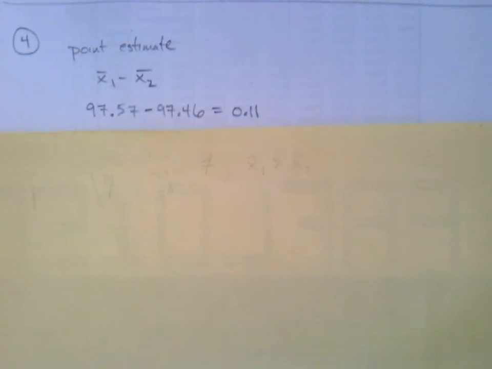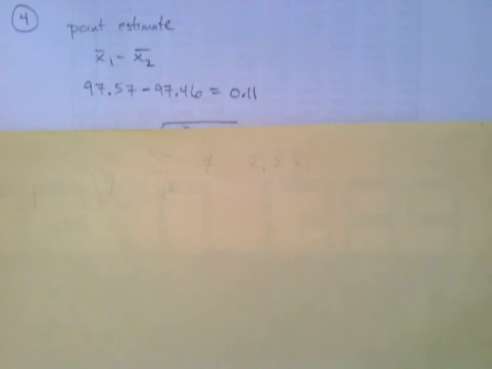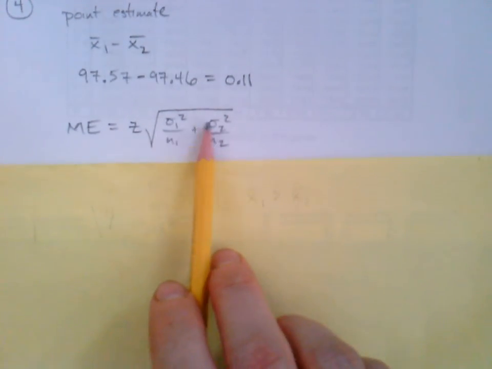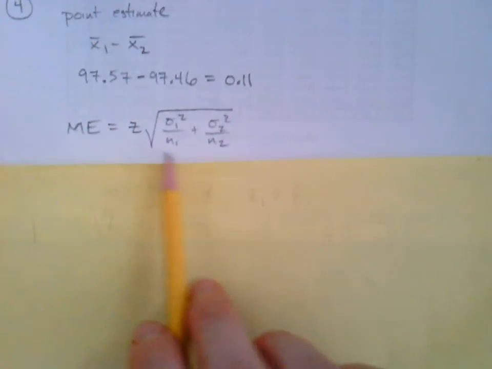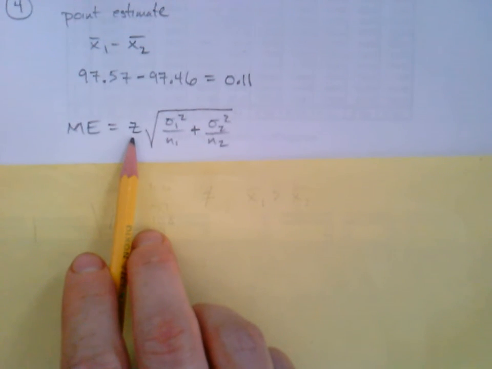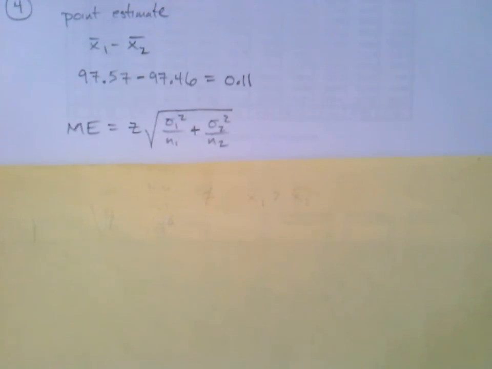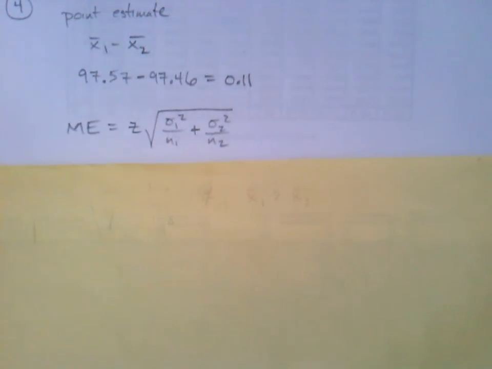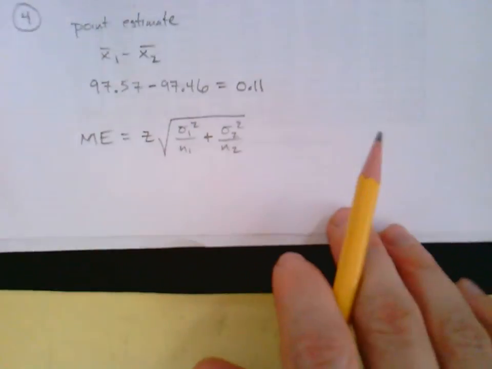Okay. Of course, the more difficult number to calculate is the margin of error. Well, we still have just those spots for sigma 1, sigma 2, n1, n2. That all looks the same. That was the denominator. But of course, we also have that z-score that goes in front of it. But we're going to find that z-score the same way we did back in Chapter 8. What would it be here?